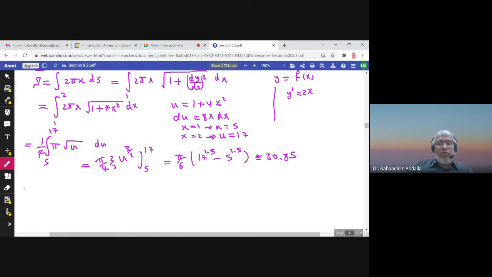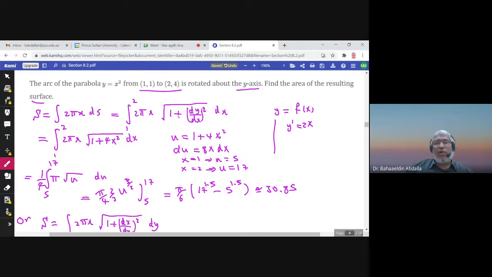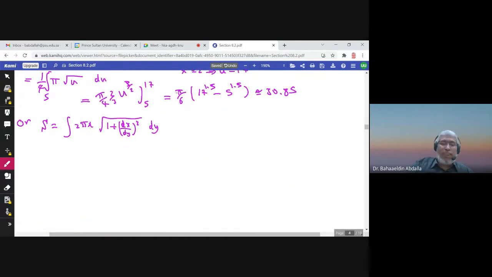Now we can solve the problem in another way, using the integral with respect to y. So it would be 2 pi x, integral. Instead of writing 1 plus dy by dx, I write dx by dy, and the integral would be with respect to y. And the y will run from 1 to 4.